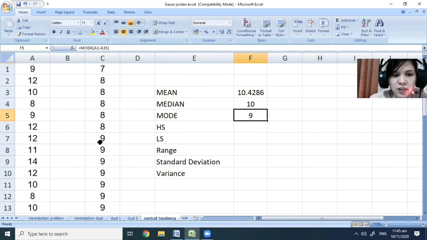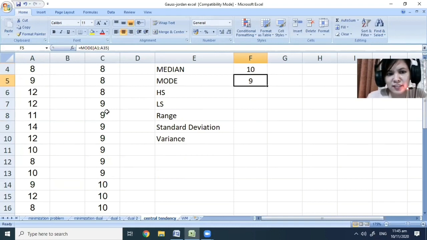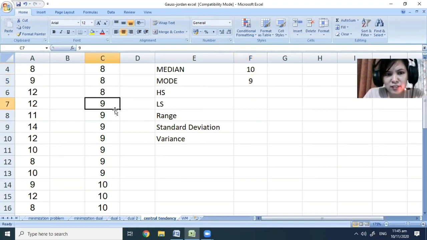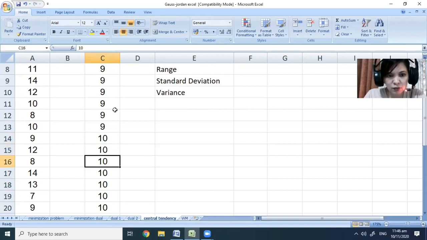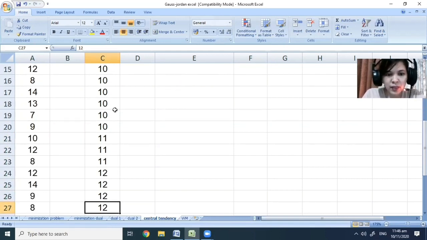But if you notice, our mode is not just 9. If you will count the number of nines here, so let's count 1, 2, 3, 4, 5, 6, 7. It's 7. So that's the maximum number of count for 9. So that's the most frequent value, not just 9, but also 10. Let's count the number of 10. 1, 2, 3, 4, 5, 6, 7. So it appears 7 counts also, and even 12.